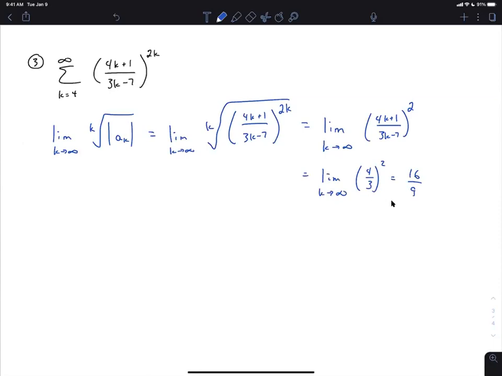Just say it's equal to this. All right, and in this case, 16 over 9 is bigger than 1, so the series diverges by the root test. All right, any questions?